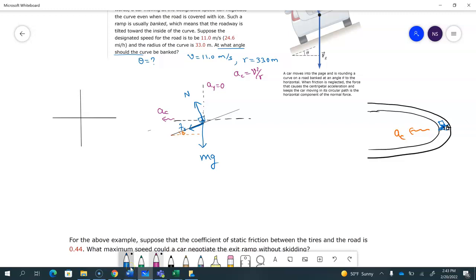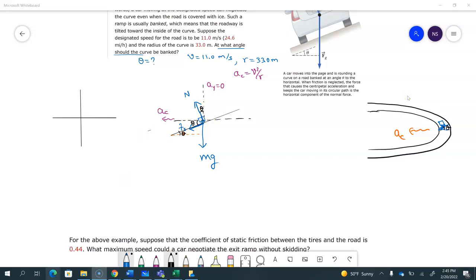So if I look at these angles, this angle was theta here. That's the banking angle. So this is also theta that Fs makes with the horizontal, and that's also theta that the normal force makes with the y-axis. These are all the same angles.